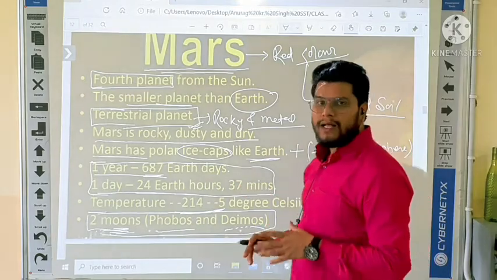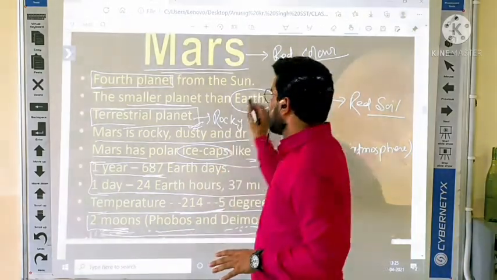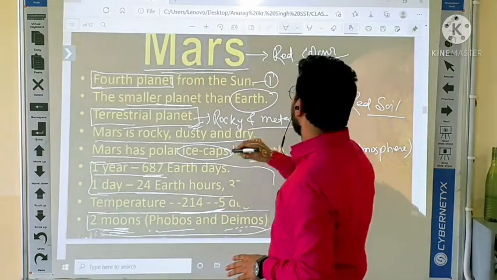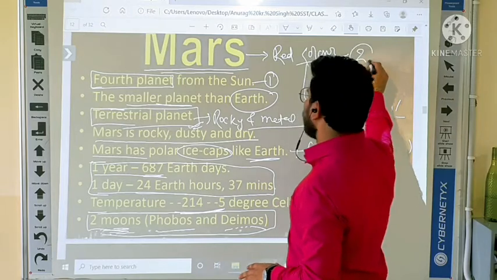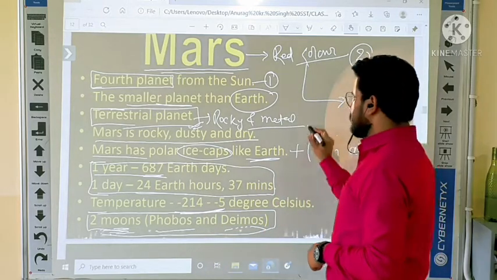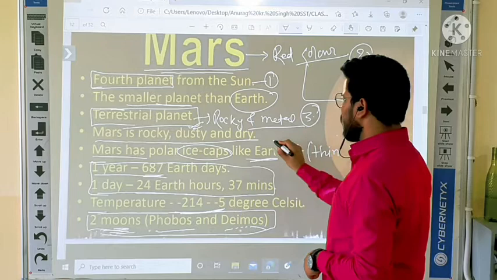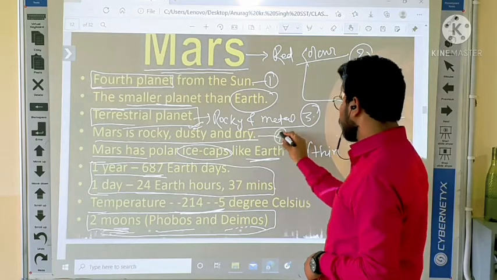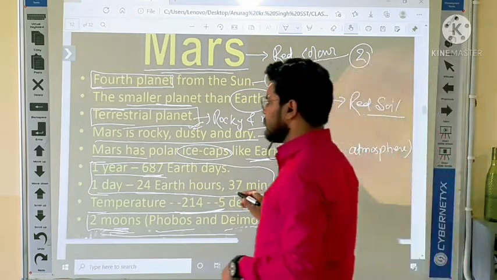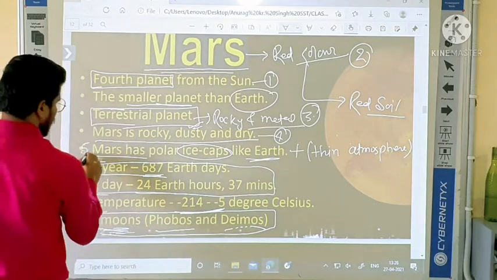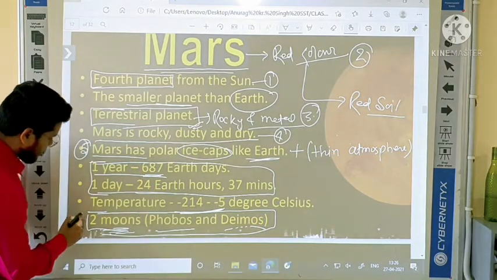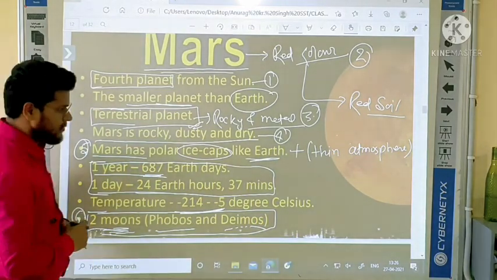Now let's come to the main points. This is our first point. Okay, this is our second point, why it has red color. This is the third point, and after this one is the fourth point. After that, this is the fifth point, and then this is the sixth point.